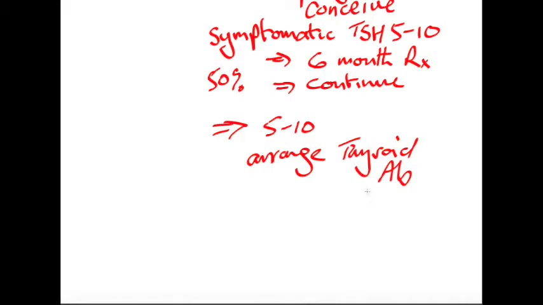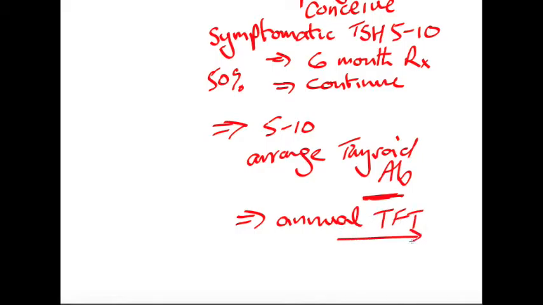Now, if they do have thyroid antibodies and they don't warrant treatment because they're not symptomatic, then it is worth doing annual thyroid function tests, to make sure that their illness doesn't become the full-blown thyroid condition.